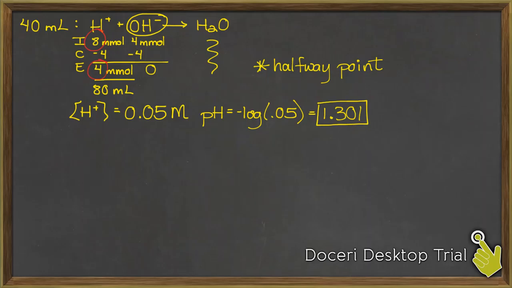It means halfway to the equivalence point, but it also means half of your analyte has been neutralized. So when you can see that you're going to be cutting your analyte in half, and you can tell that right by the first line of your ICE table, you'll know, yep, I'm at the halfway point.